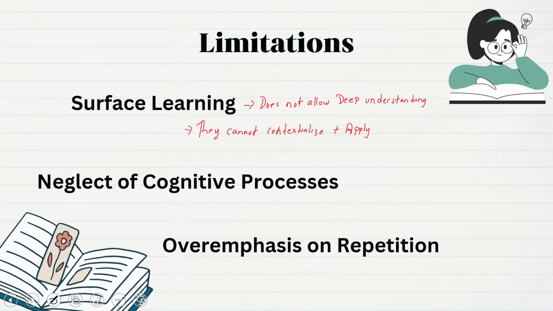Next is neglect of cognitive processes. Associationist theory largely ignores the role of internal cognitive processes, such as reasoning, problem solving, and critical thinking.